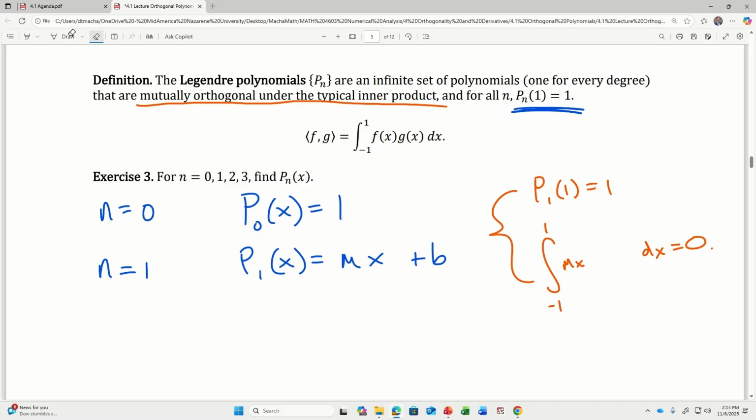It's going to have to be something like mx. And if this is mx, what does m have to be so that when x is equal to 1, the polynomial is equal to 1? 1. So the Legendre polynomial of degree 1 is just x.